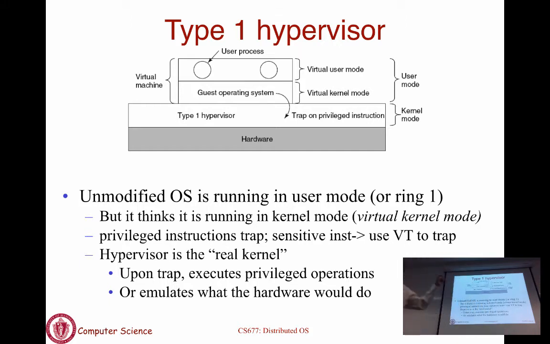In this case, we will let the guest OS actually run in ring 1, which is more privileged than its applications. So whenever your guest OS wants to do any privileged operation, because of the previous property, you are going to trap to the hypervisor, which will perform that operation for you. This is exactly what happens when applications make system calls.